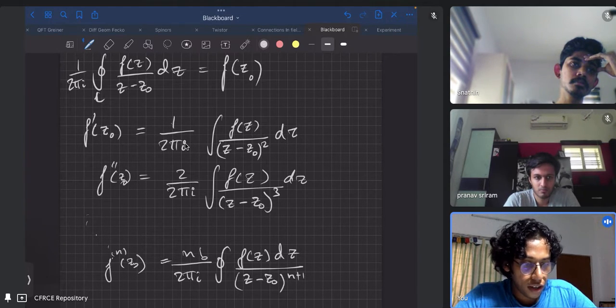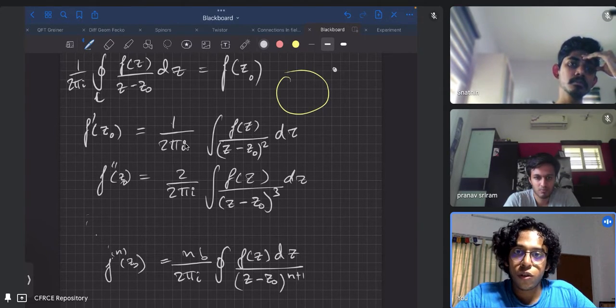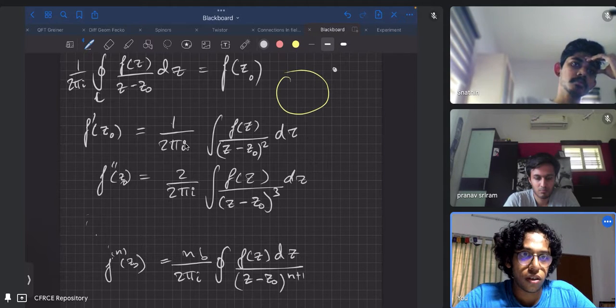So if your point is outside the contour, then any derivative of this particular function is still analytic, and therefore it can also be integrated and further differentiated.